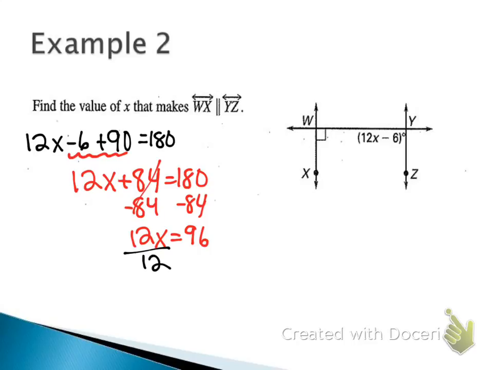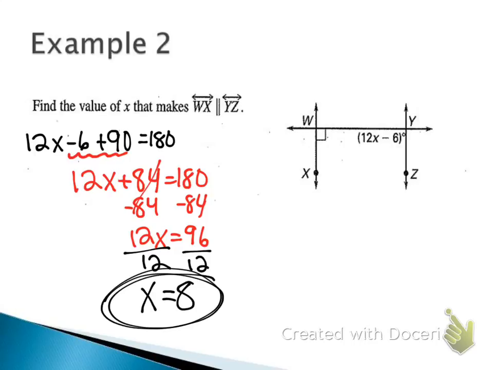And then when you divide both sides by 12, you get that x equals 8. So in order for these two lines to be parallel, x would need to be equal to 8. And again, I set this equation up because these are same side interior angles, and same side interior angles add to 180. What are your questions?